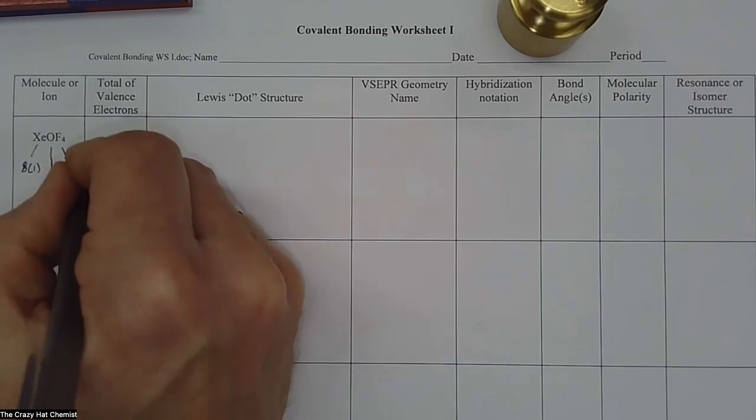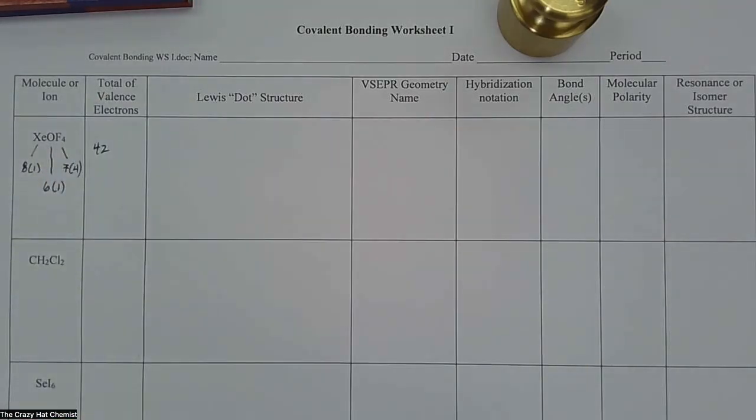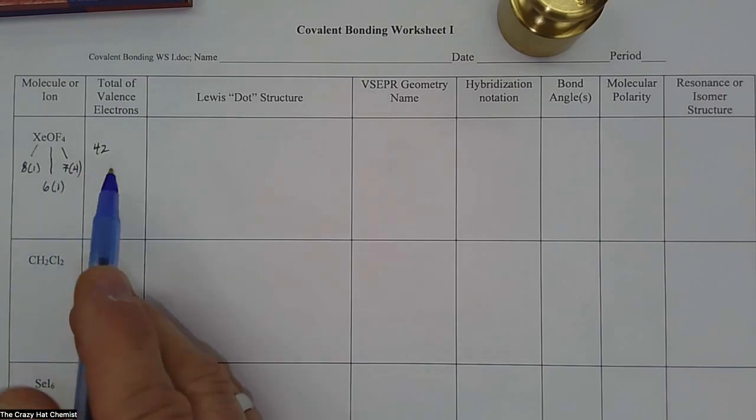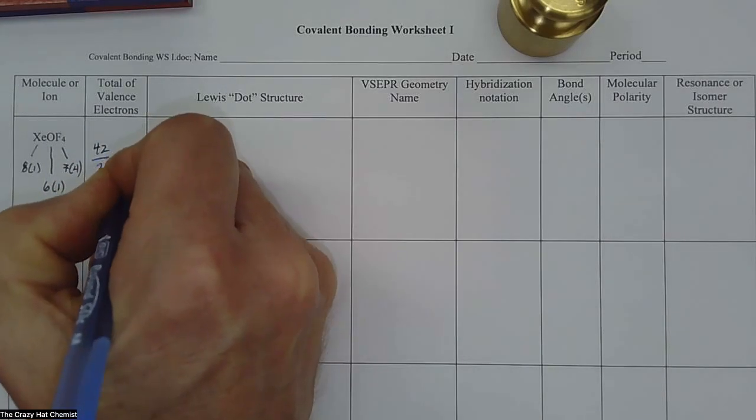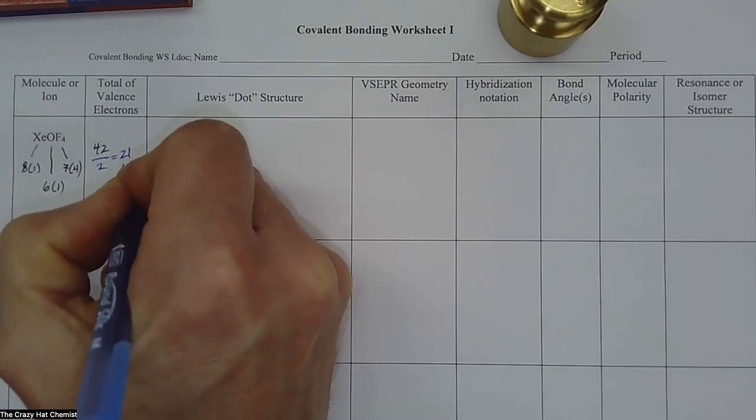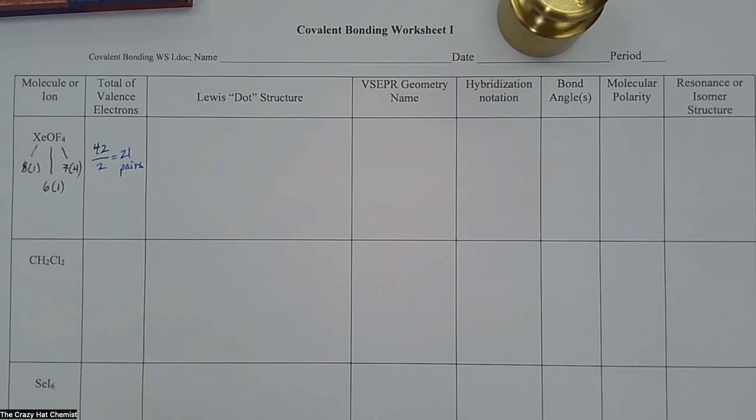I'm going to add all those up. That is a total of 42. And this is what I like to do. What I like to do is take the total number of valence electrons and then divide by 2. That will give me 21 pairs. And I find it easier to actually work with pairs than with anything else. Pairs enable you to do the problem much faster.